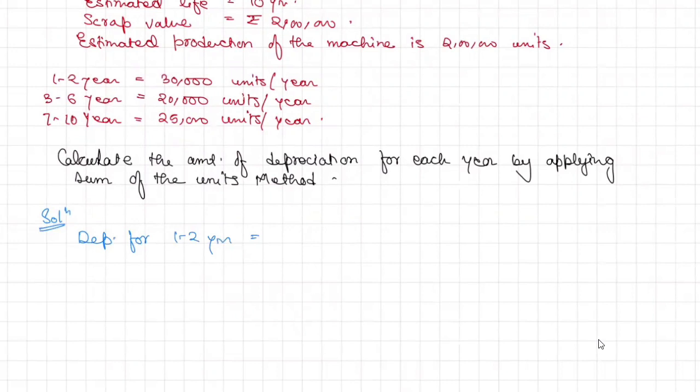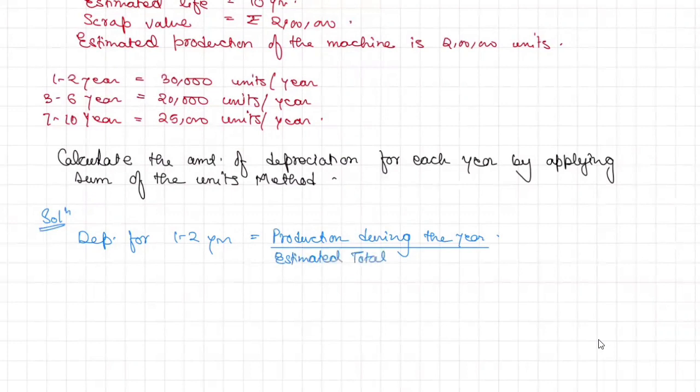The formula is production during the year by estimated total production into cost of machine. Now see, production during the year.